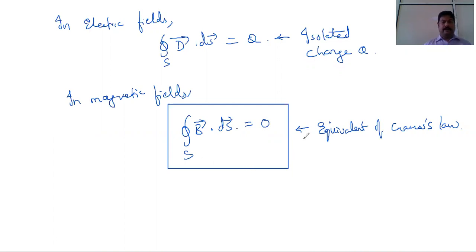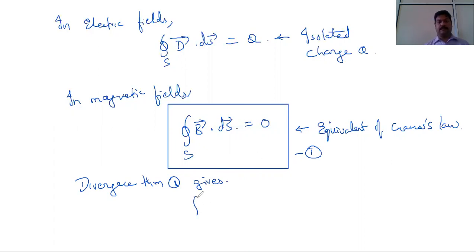Now can you apply the divergence theorem on this? Let us say equation 1. Applying the divergence theorem to 1 gives what? The divergence theorem converts a surface integral into a volume integral.